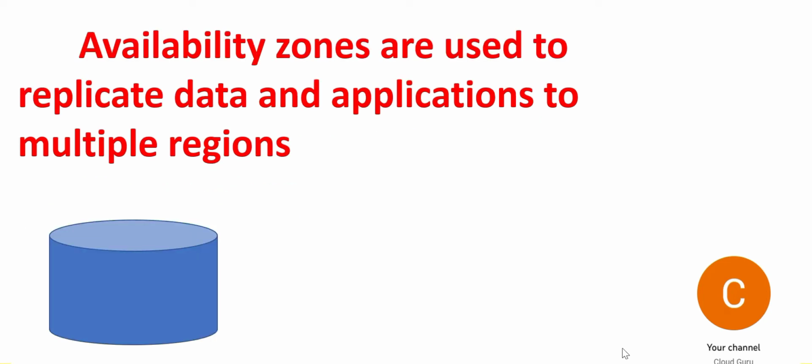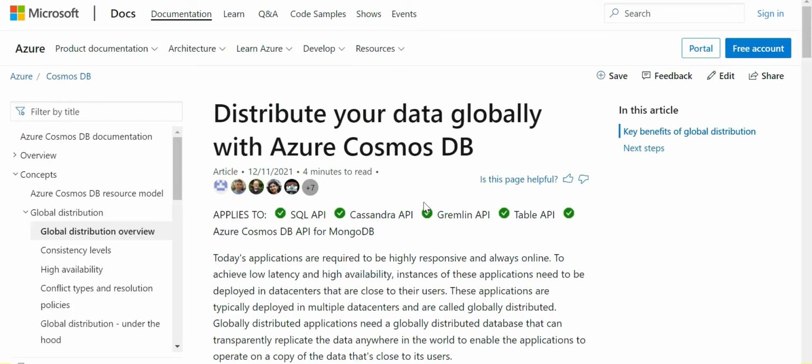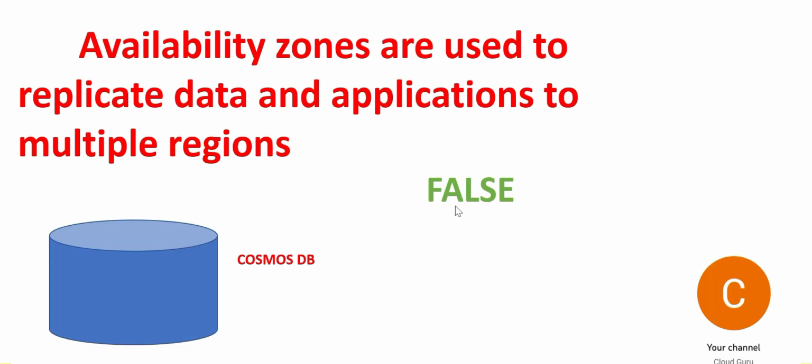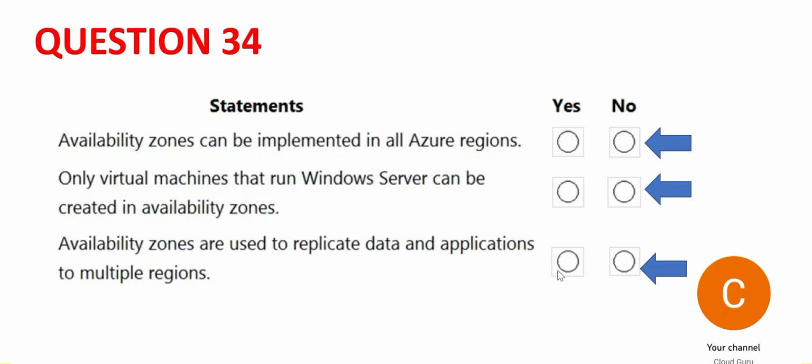If it is a database like Cosmos DB, then this database service itself has features for cross-region replication. If you see this documentation, it is capable of distributing the data globally. So this statement is false as well. So this is the answer. All three answers are no.